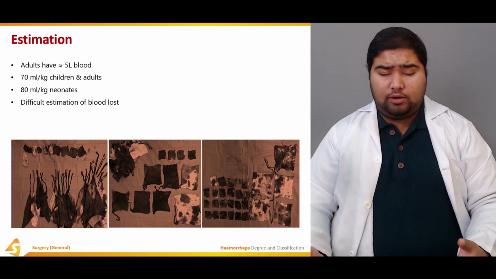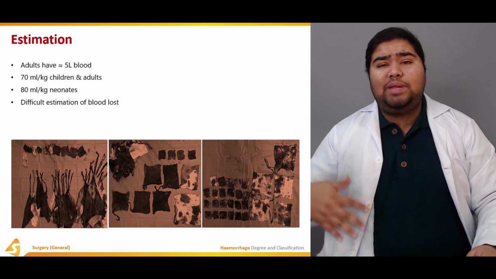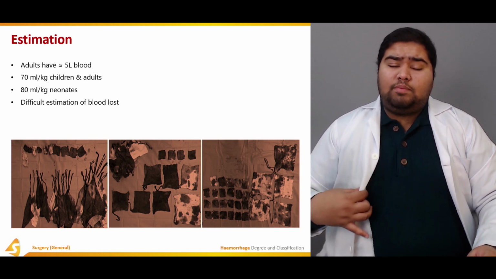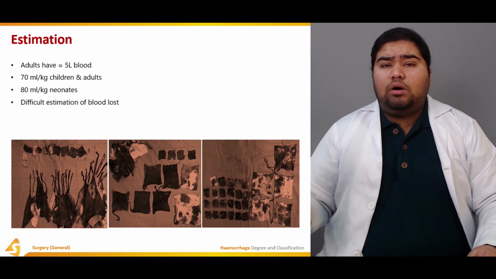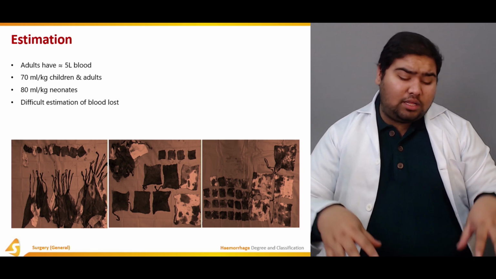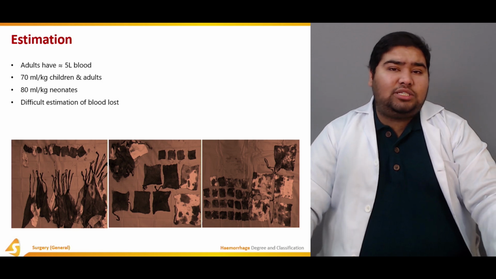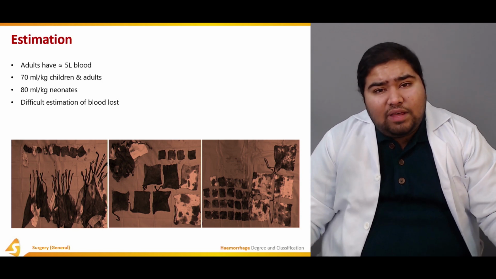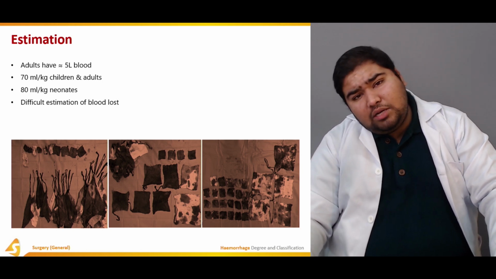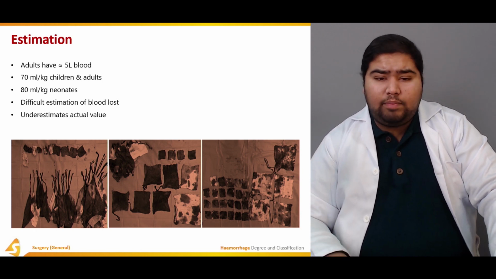For example, if it's a traumatic condition, if it's a roadside accident, the bleeding is contaminating your area, your body. The bleeding is through your jacket, through your shirt, through your clothes. So you cannot actually measure the amount of blood that has been lost. It is an estimation. That is the reason we call it an estimated value. And this estimation gives us some idea of the amount of blood loss, and with that estimation, we try to resuscitate our patient.